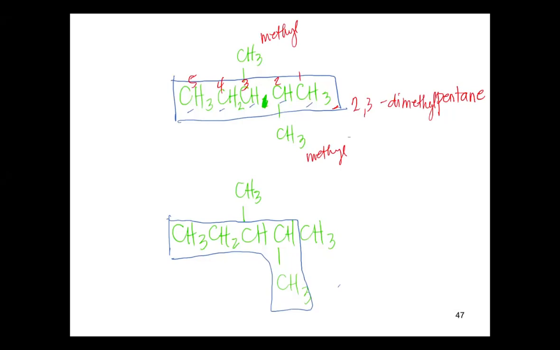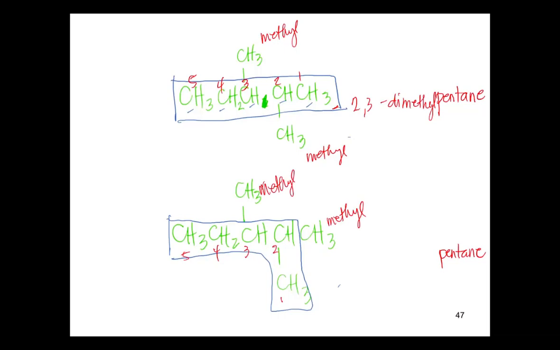Okay? And then the other parent chain, this is carbon 1, 2, 3, 4, 5. So another one is pentane. Ano yung mga substituents? Sa carbon 2, merong methyl. Sa carbon 3, meron pa ding methyl.